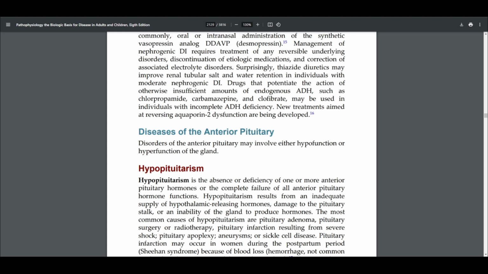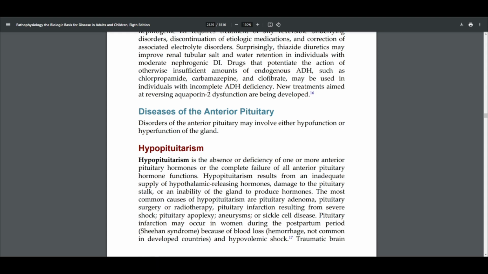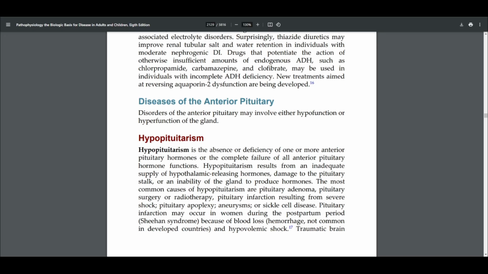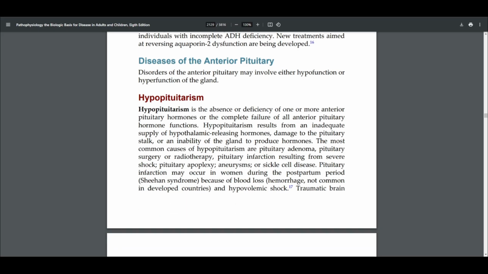Drugs that potentiate the action of otherwise insufficient amounts of endogenous ADH, such as chlorpropamide, carbamazepine, and clofibrate, may be used in individuals with incomplete ADH deficiency. New treatments aimed at reversing aquaporin 2 dysfunction are still being developed.